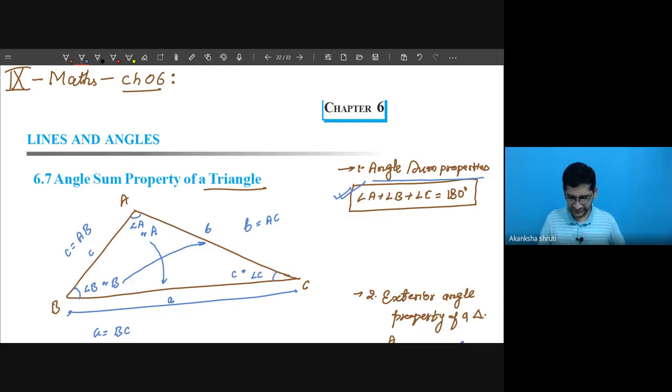Students, we have to keep in mind a few general denotations for a triangle. So triangle ABC is there, then at its vertices the internal angle is denoted by that alphabet itself. Say at A the internal angle is angle A, the internal angle at B is angle B. So angle A is nothing but angle BAC.